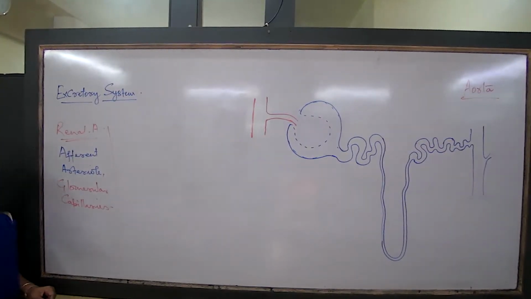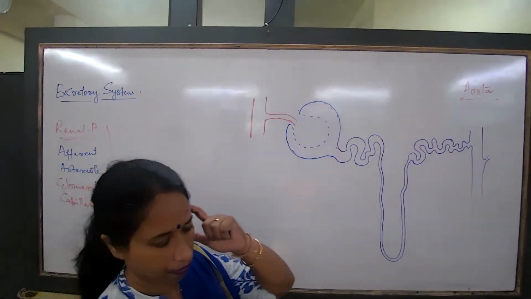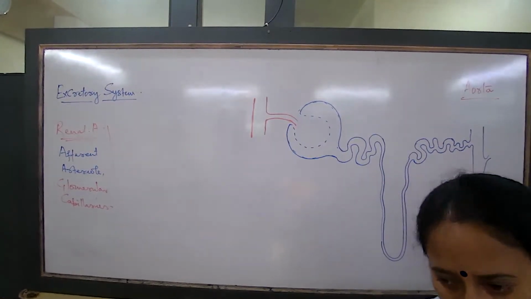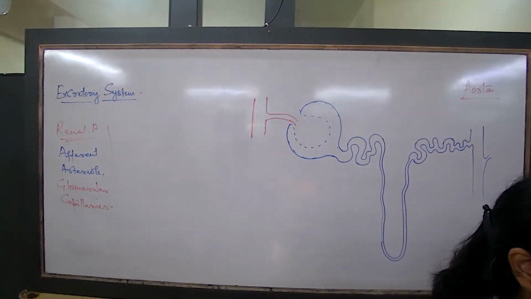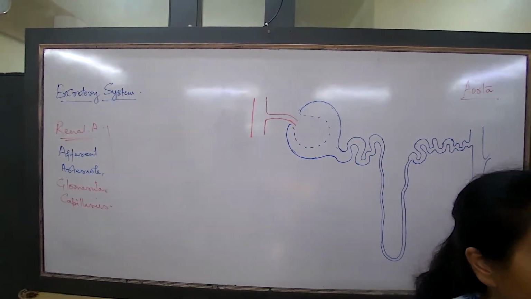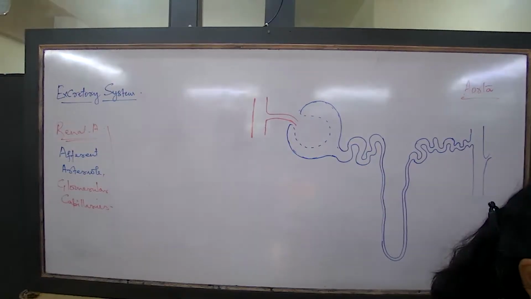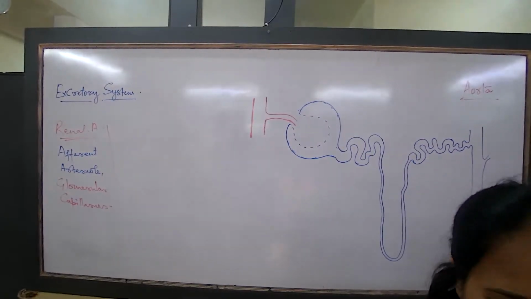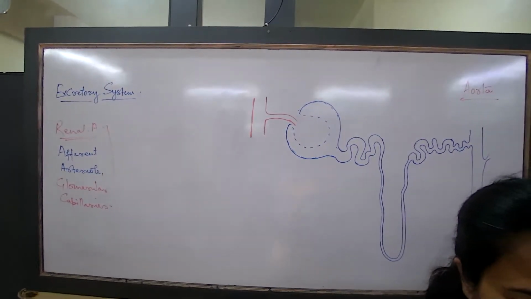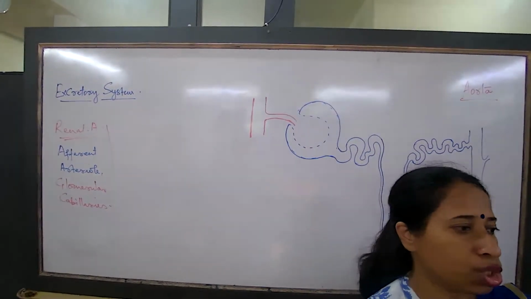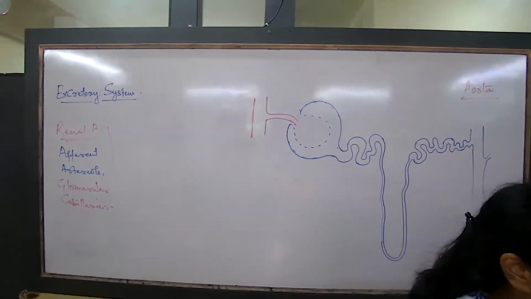Other side, for renal vein: formed by the union of capillaries, and joins with other veins. J-O-I-N-S, joins with other veins to form.